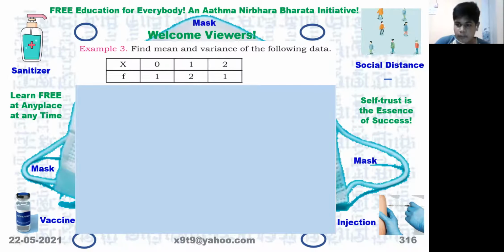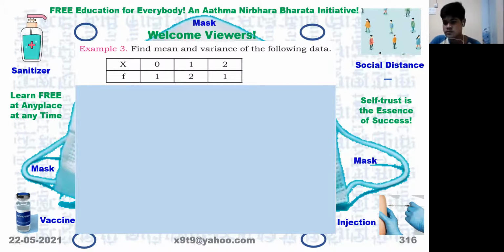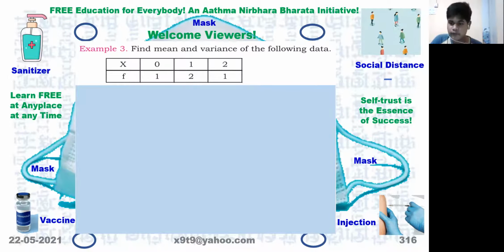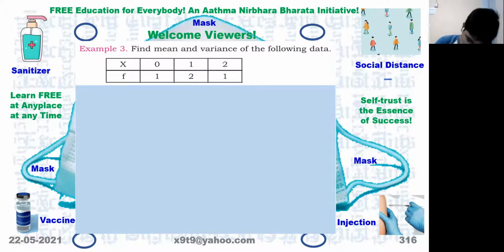Sir, we will get 0.5, root of 0.5. What is that one? Variance. Variance is how much? 0.5. No, if you put the square root, it is different. Only 0.5. Variance is 0.5.